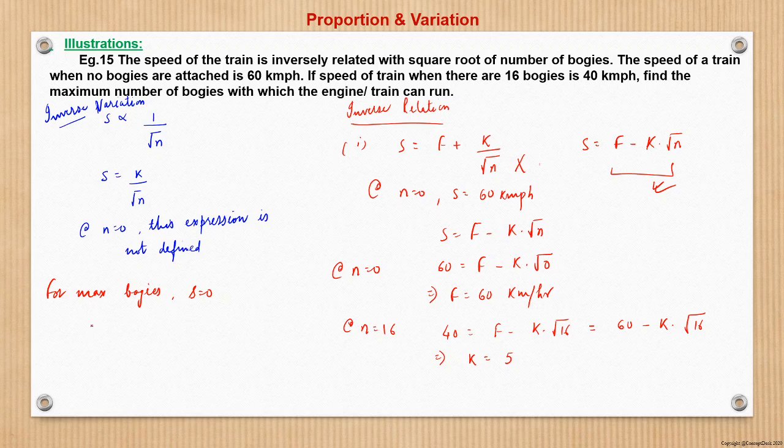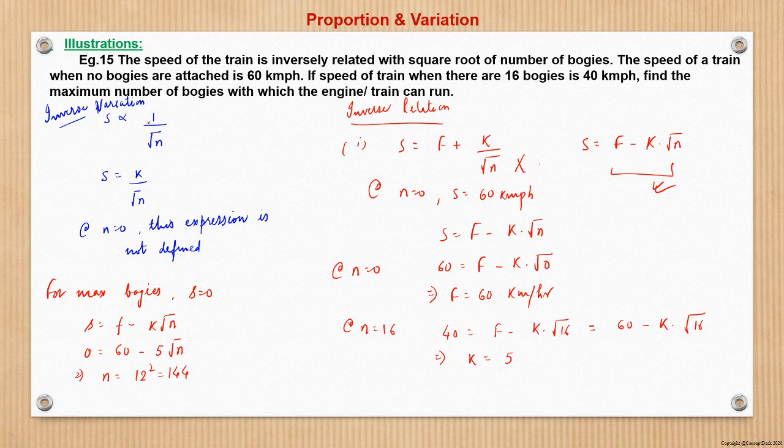So let us say speed is 0, s is equal to f minus k times root n. S is equal to 0, f we know is 60, minus k we know is 5, n we have to find. So from here n is nothing but 12 square, which is 144. So 144 is that number where speed becomes 0.